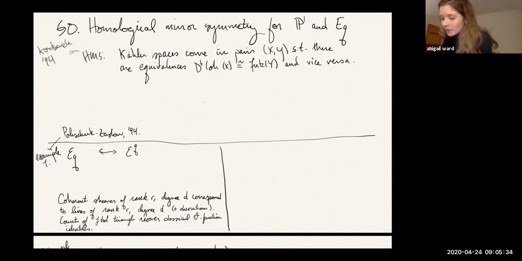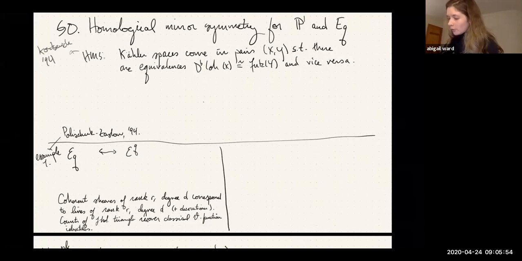Okay, so this was a conjecture of Kontsevich in '94. He said, okay, physicists had been observing a bunch of these mirror pairs. He said that there's some sort of deeper categorical formalism underpinning all of this.